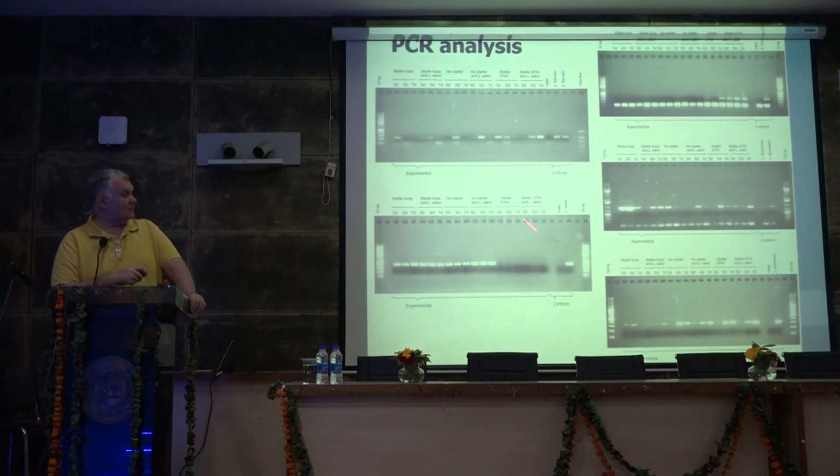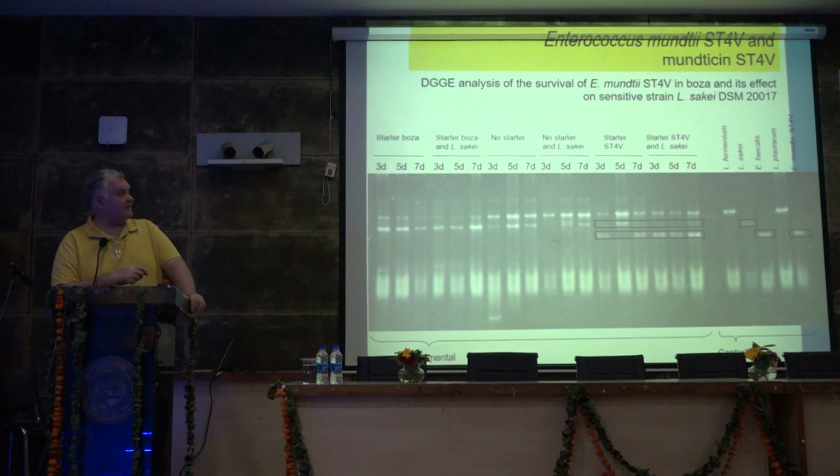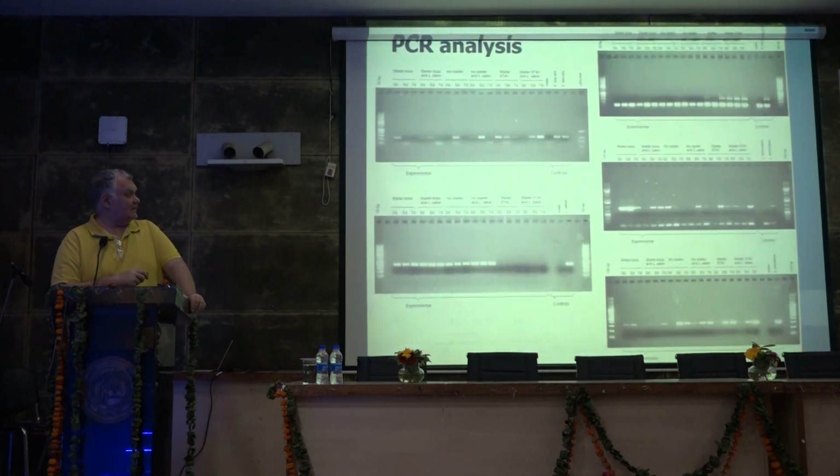Based on the species-specific primer analysis, together with DGG analysis, we can conclude that in our product, Enterococcus multi, the bacteriocin producer, is growing very well. He's feeling like at home. He liked the environment. We tested before to see that he's really happy with this environment. But again, it can produce the bacteriocin and can kill the test microorganism used in this case.